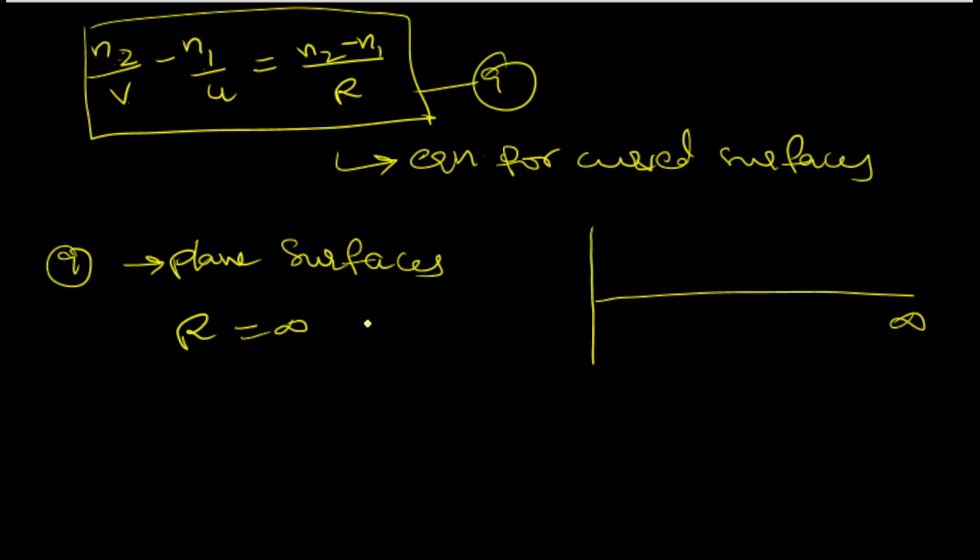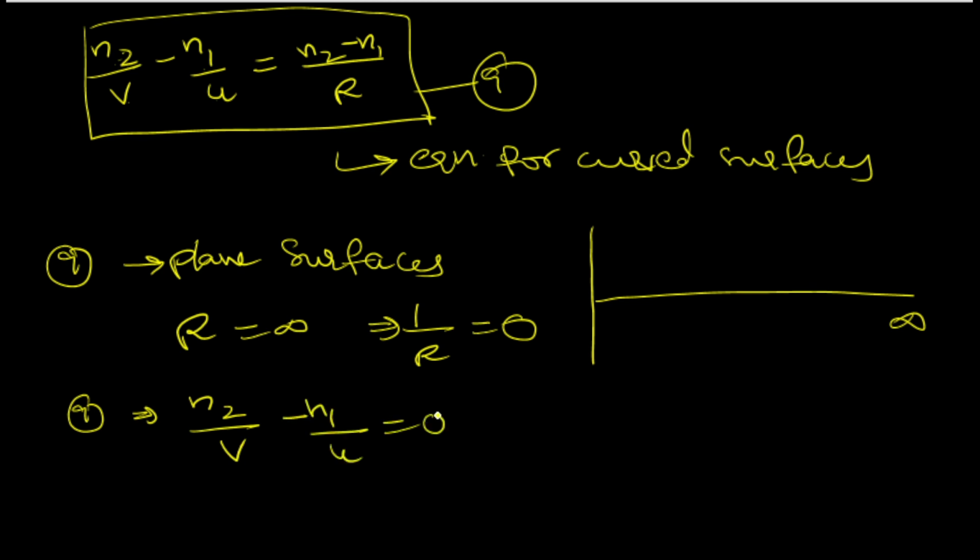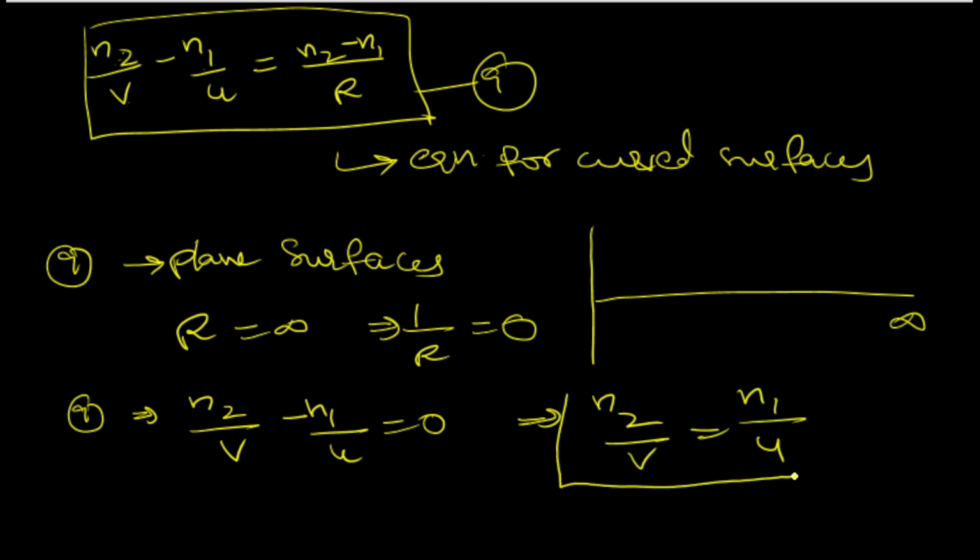Therefore 1 by R is equal to 0, since something divided by infinity is 0. The equation becomes n2 by v minus n1 by u equals 0. Therefore, for plane surfaces, we have the equation n2 by v is equal to n1 by u. This is the equation used for plane surfaces, and the earlier one is used for curved surfaces.